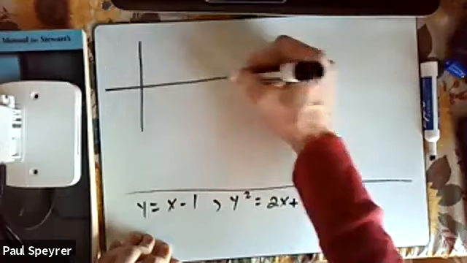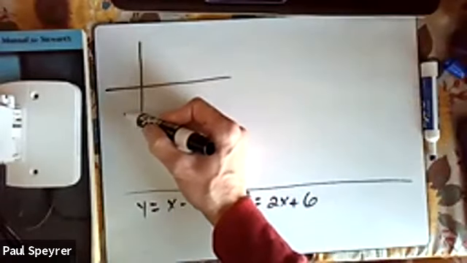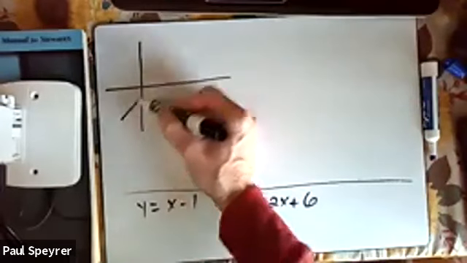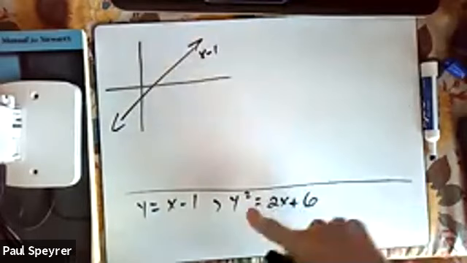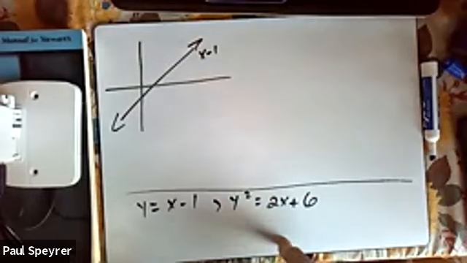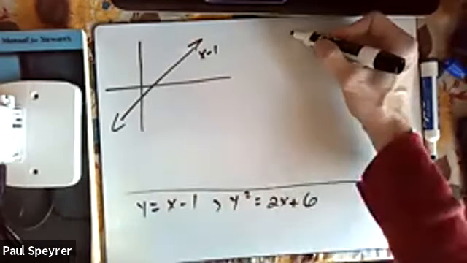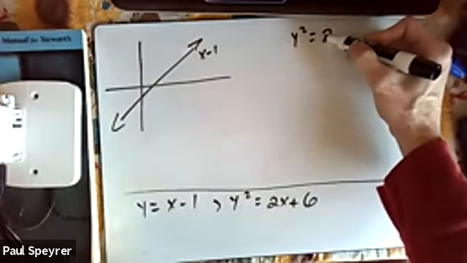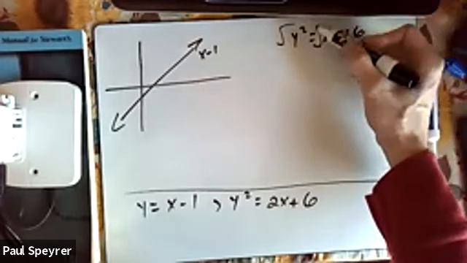x equals y minus 1 is just a diagonal line, right? That's just down one. Now, how are we going to graph y squared equals 2x plus 6? Remember, we can isolate y by taking the square root of both sides.